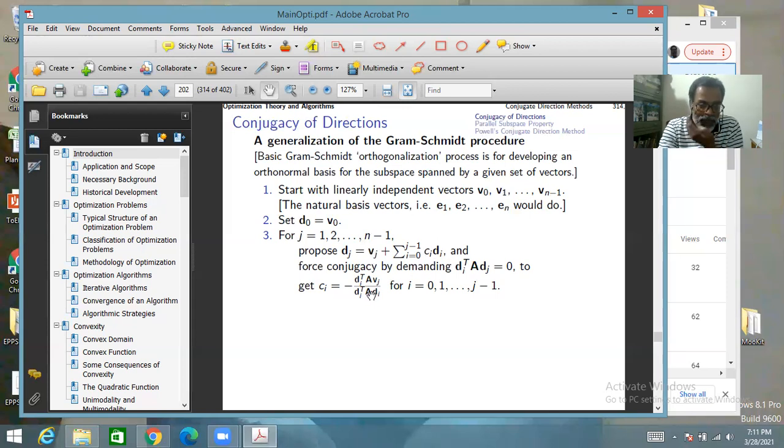Okay, this is certainly positive, so you don't have to bother about dividing by something. So like this you get each ci, and that you do for j equal to 1, you get d1, which is conjugate to d0. That you do for j equal to 2, you get d2, which is conjugate to both d0 and d1, and this goes on. Okay. Conjugate directions also have utility in solving large linear systems of equations.